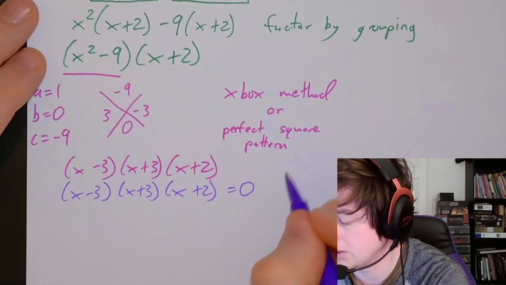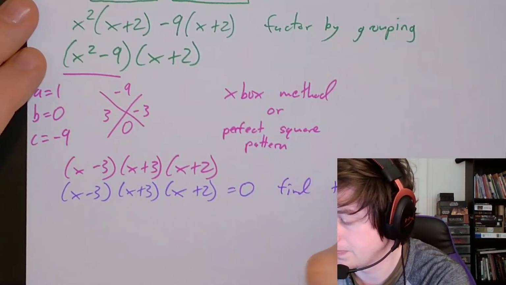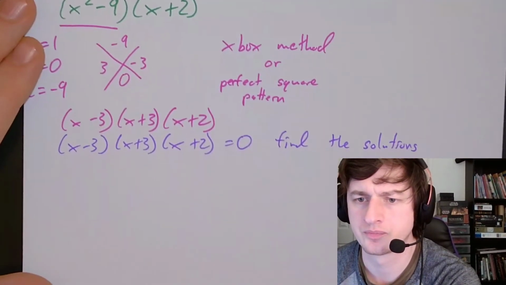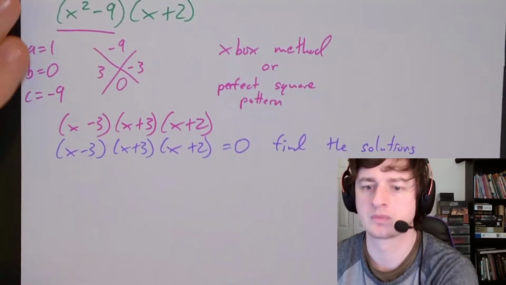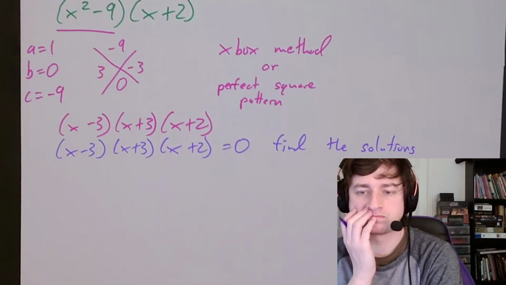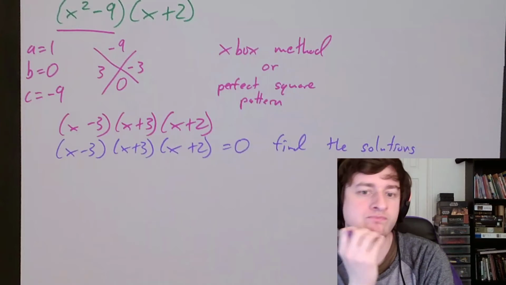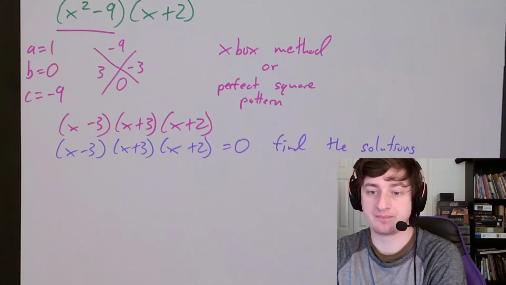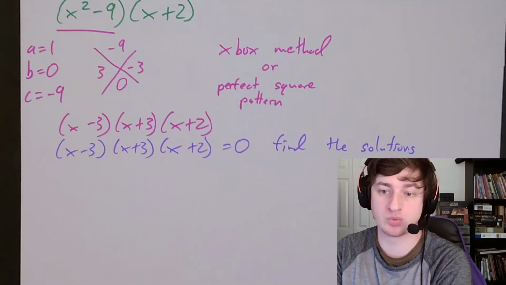We need to find the solutions. So we're going to set each parenthesis equal to 0, and whatever number we get, that is one of our solutions.